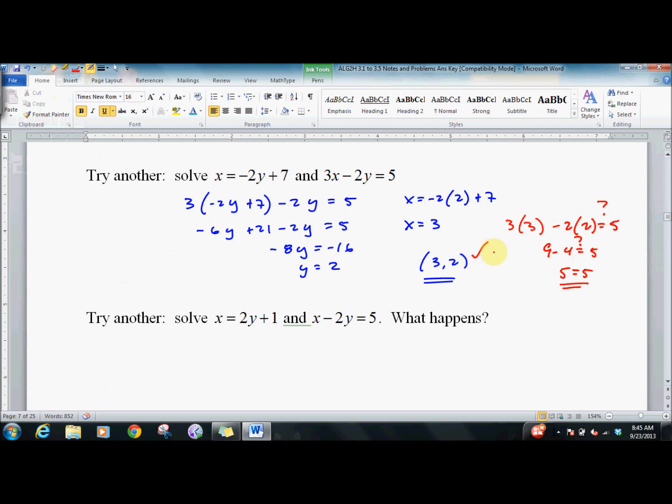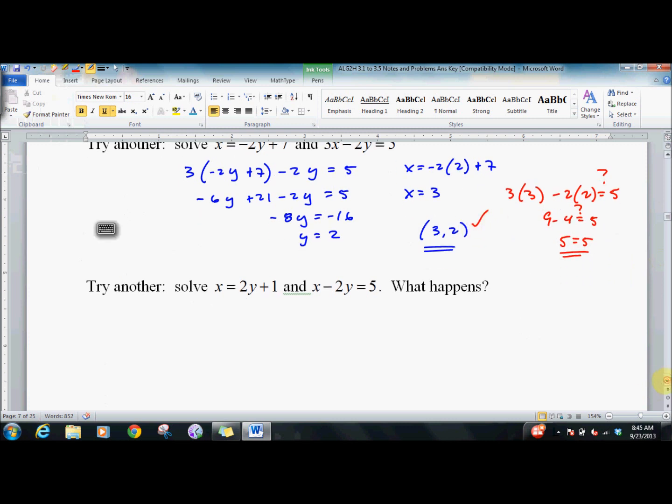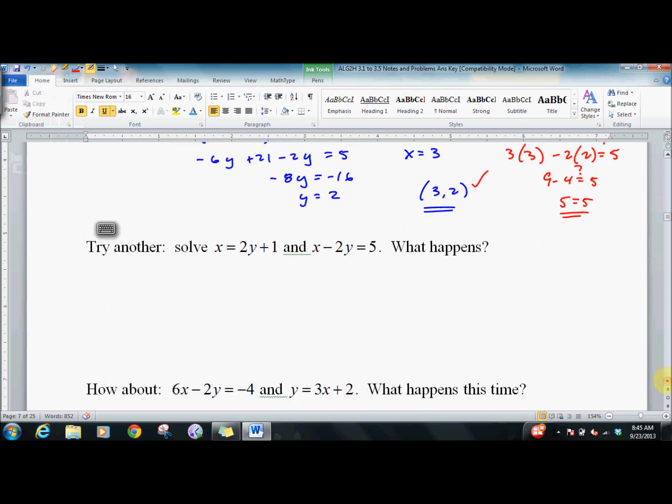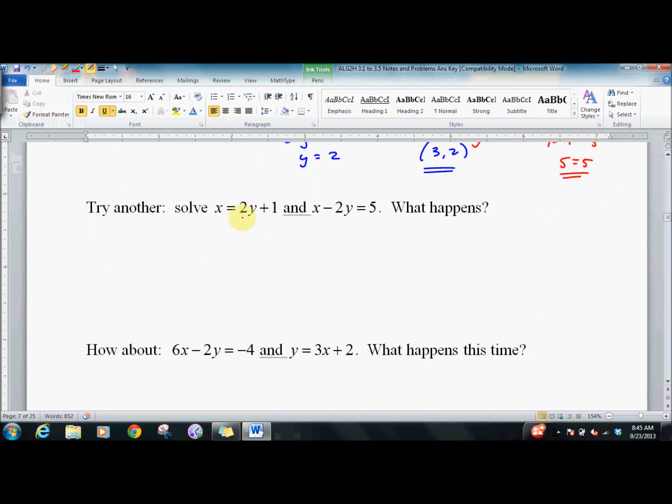So there it is, substitution. Let's try another one. We'll do this one together, or you can do it on your own. You can pause the recording.